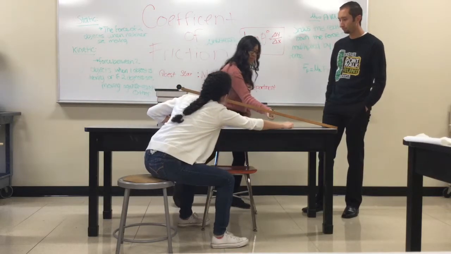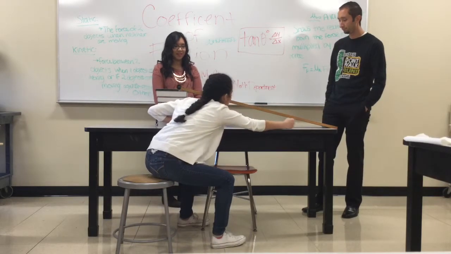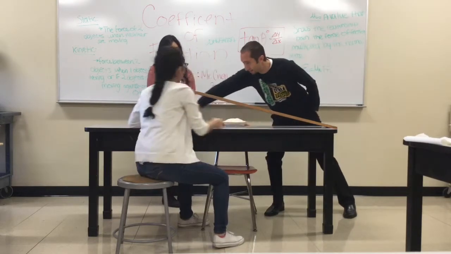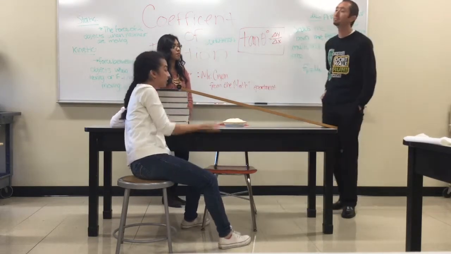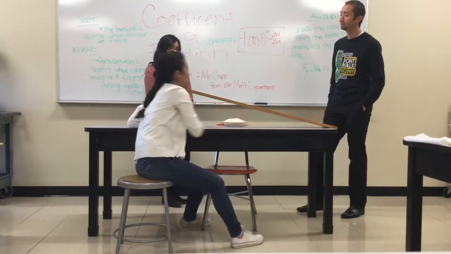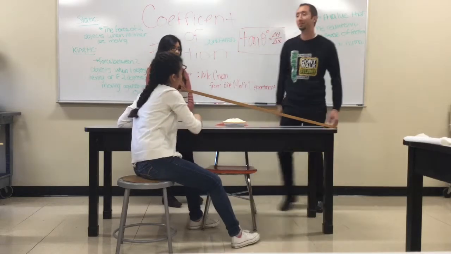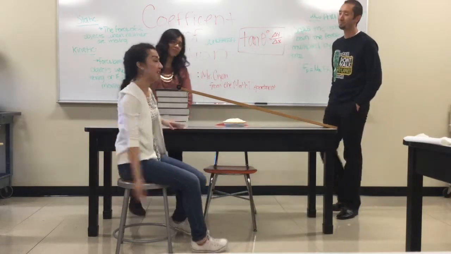So, what is the opposite of this angle, Mr. Bryan? The opposite of this angle would be this side here, which is the delta y. And the adjacent of the displacement, what would that be? I think it'd be the distance from here to here. Yep. And that's how we solve our theta.